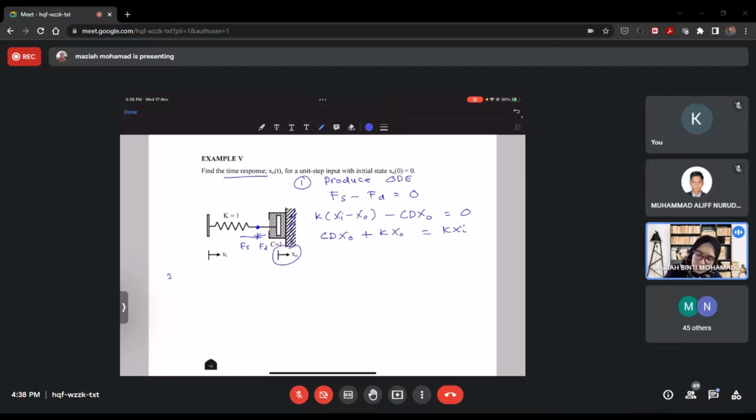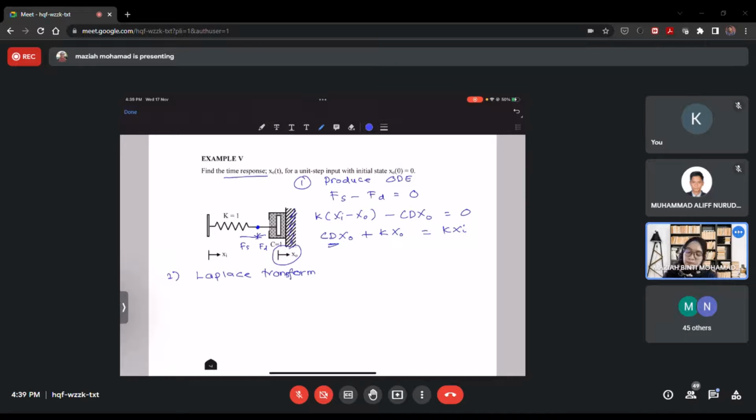Second step is Laplace transform, to transform the ODE into Laplace form. Here we can see there is only the first differentiation there.